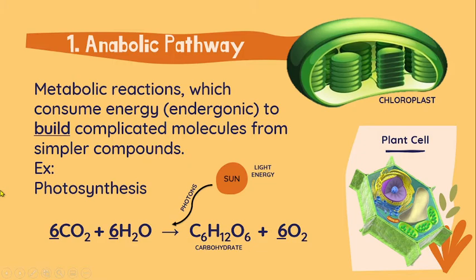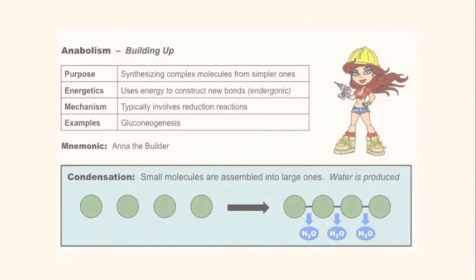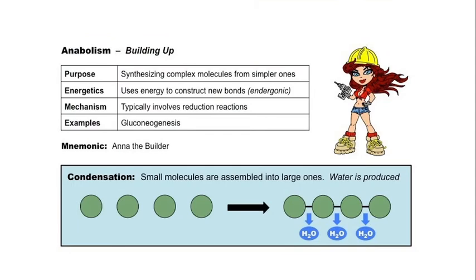So to further understand the anabolic pathway, I have this picture for you to make it easier for us to remember. Anabolism is building up. Some references also call it anabolism, or the anabolic pathway. So the purpose is to synthesize complex molecules from simpler ones.